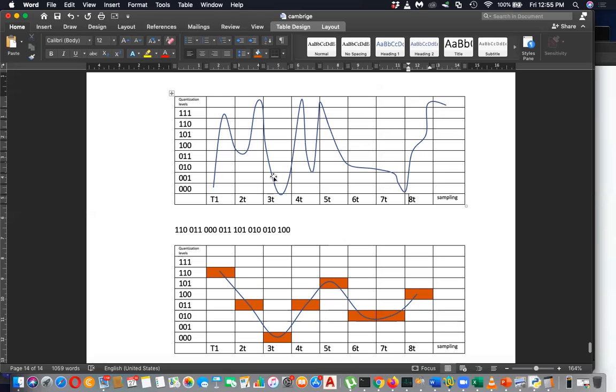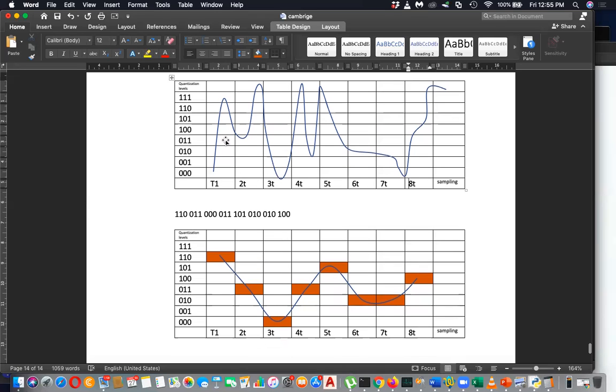You can try this at home. Draw this and show the error. Not just that, try to sample the same signal into 32 portions and take the quantization levels.